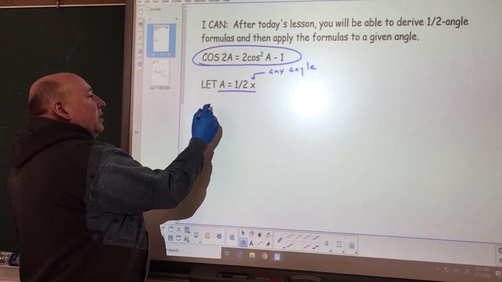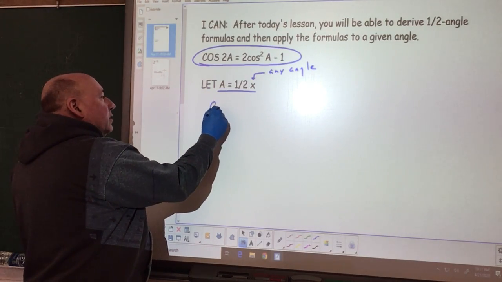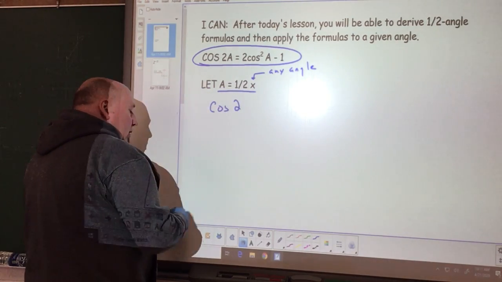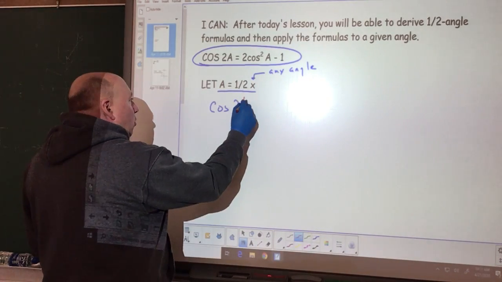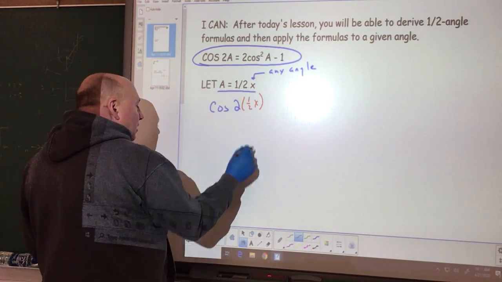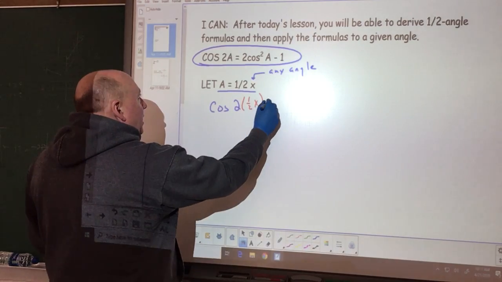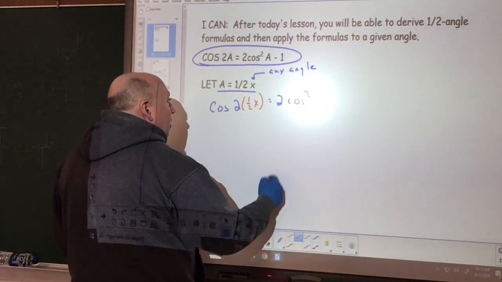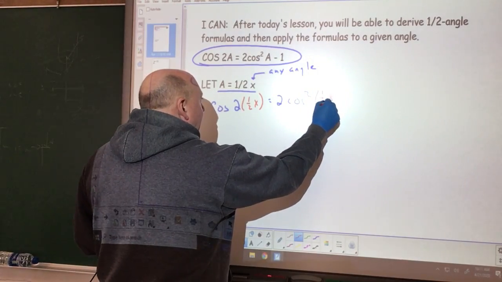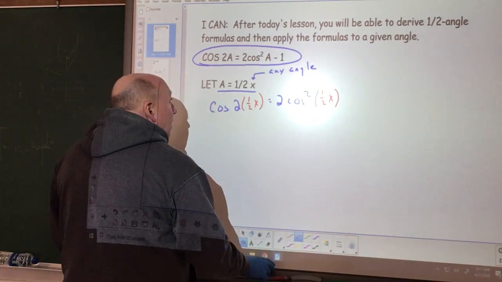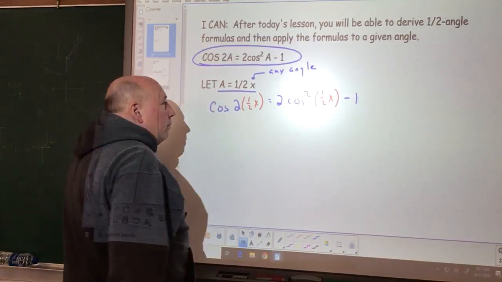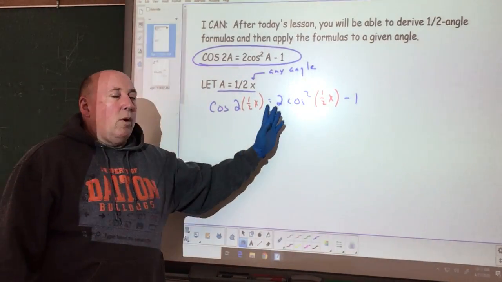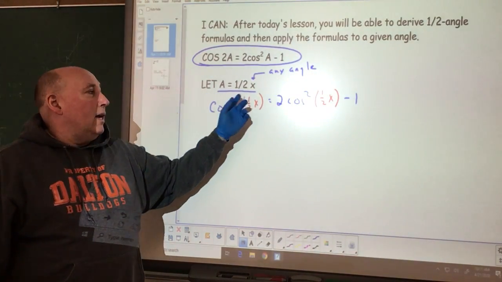If we substitute in, we have cosine of 2 times this 1/2 x is equal to 2 cosine squared of 1/2 x minus 1. What we're going to try to create is half angles.